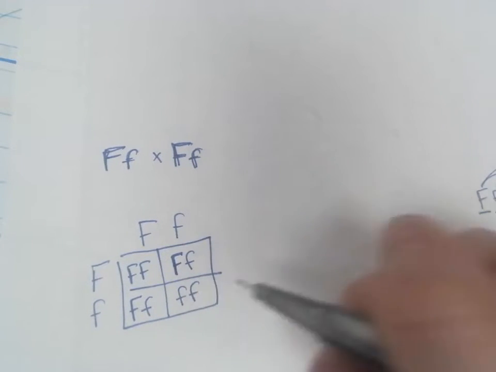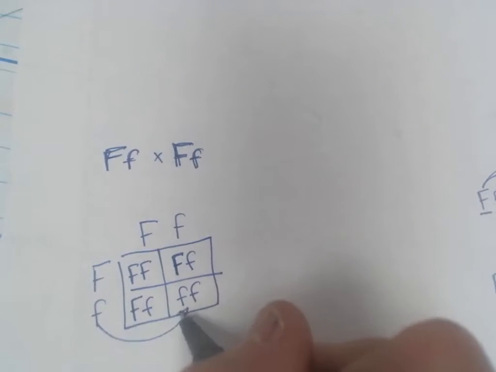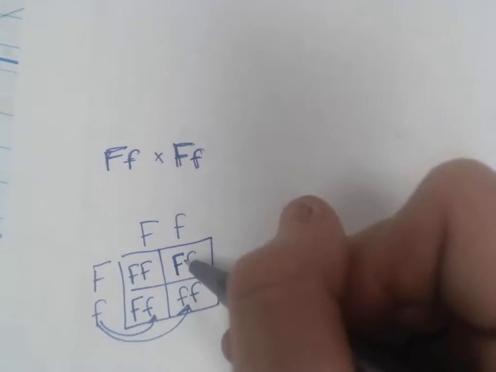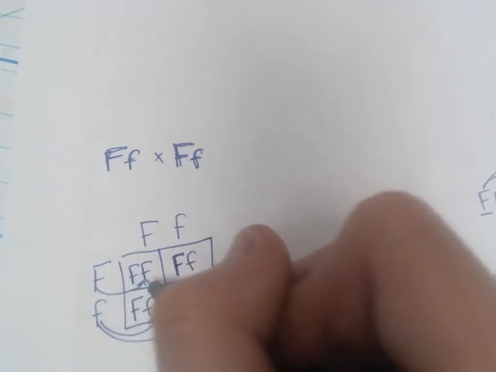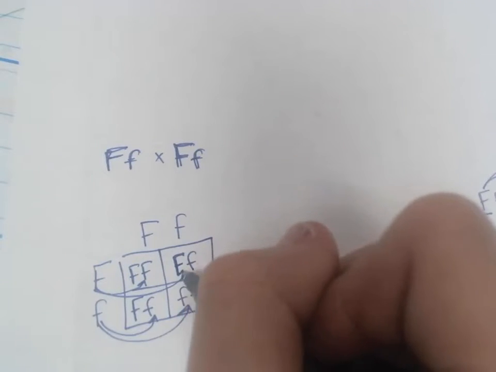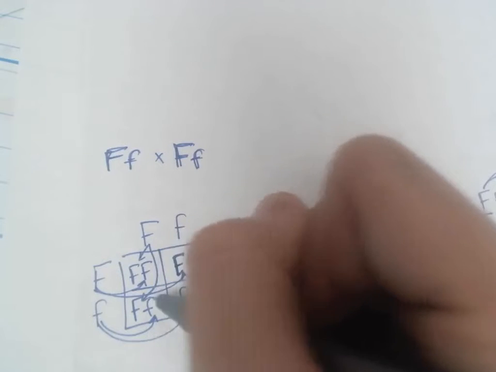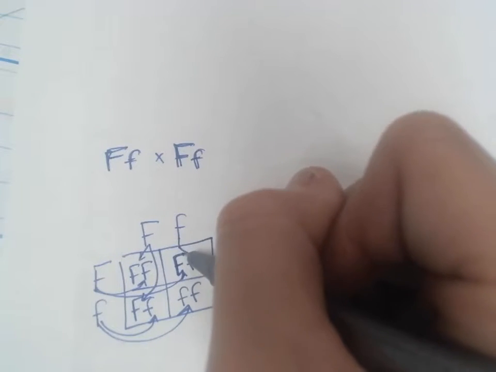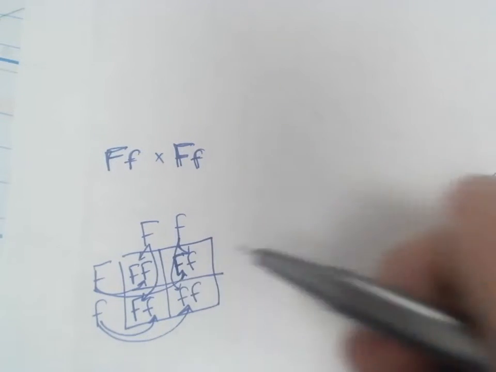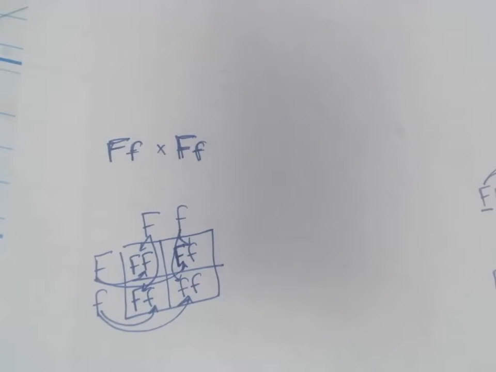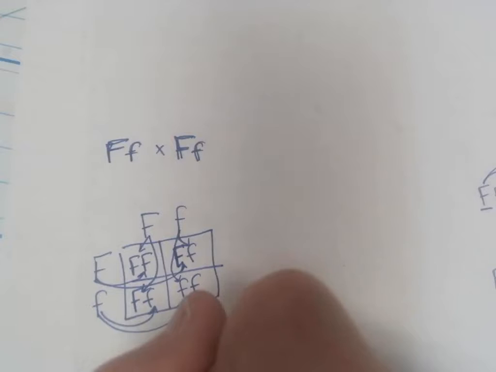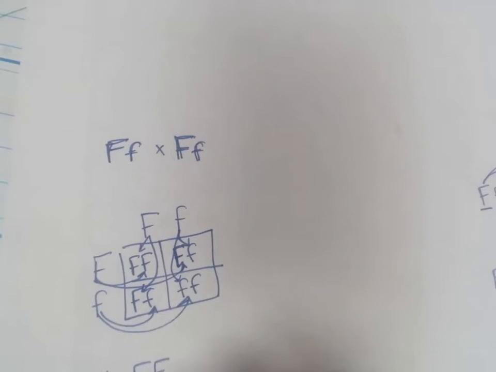And this is going to have two little f's because I'm carrying, right? Does everybody see how I dropped those down and across? So now we end up with one big F, big F, two big F, little f's, and one little f, little f.